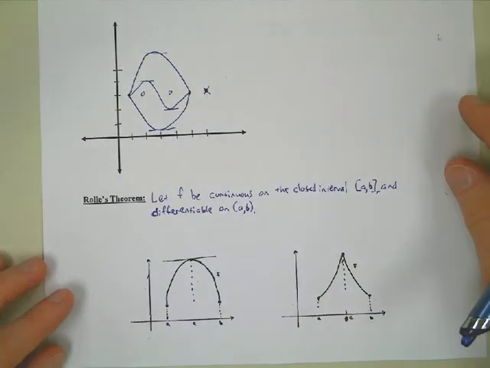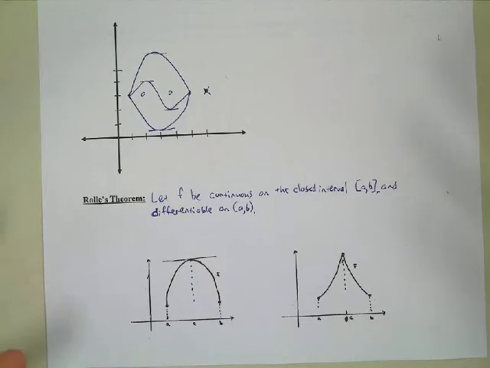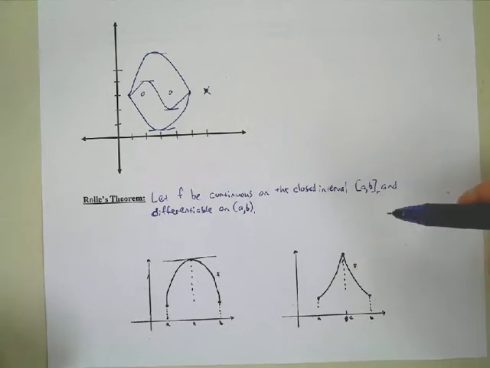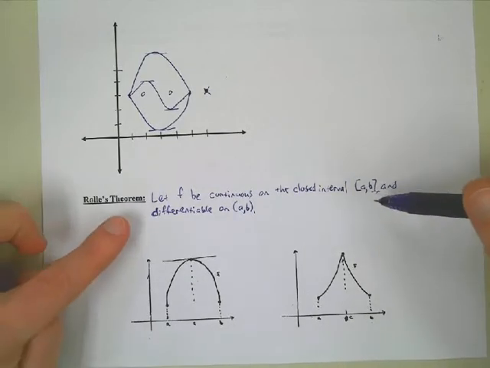So again, like the situation we had just prior to this, our function was differentiable everywhere but the endpoints, and it was continuous on the closed interval. So that's what we just had, right? That was the things we abided by.